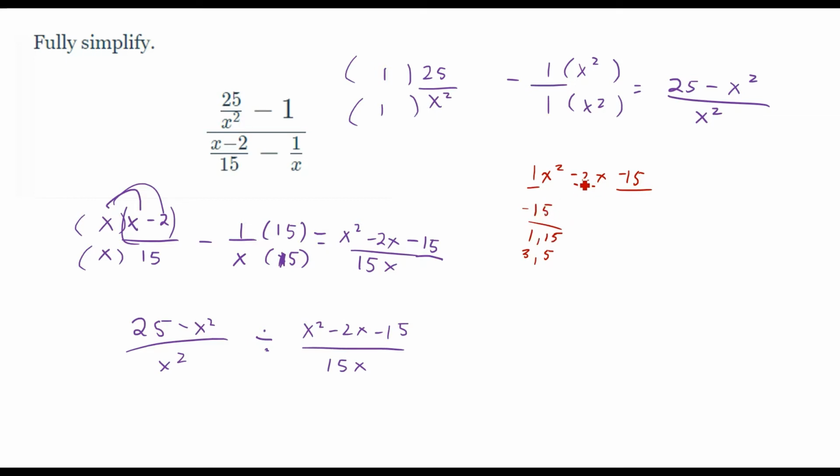So because I want a negative number whenever they add up, I'm going to take the bigger number and make it negative. 3 minus 5 equals negative 2. So these are going to be part of our factors: x plus 3, x minus 5. So I can replace these with those factors.